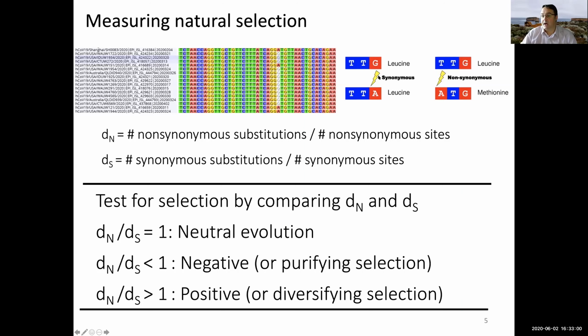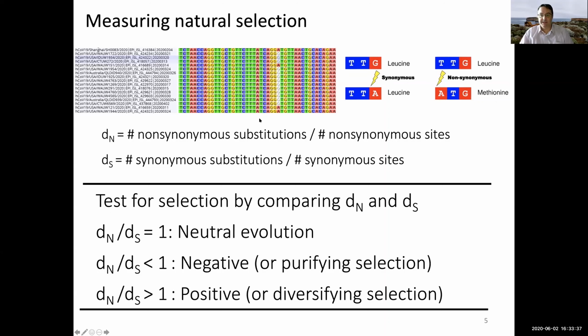It can produce effectively no effect in the protein, in the amino acid, where it's called a synonymous mutation. So even though there is the mutation, it doesn't change the amino acid. Or if it's in a slightly different position, it could change the amino acid, at which point it's a non-synonymous mutation. And it's the differences between the ratio of the synonymous and non-synonymous mutations that we use to calculate a selection pressure.